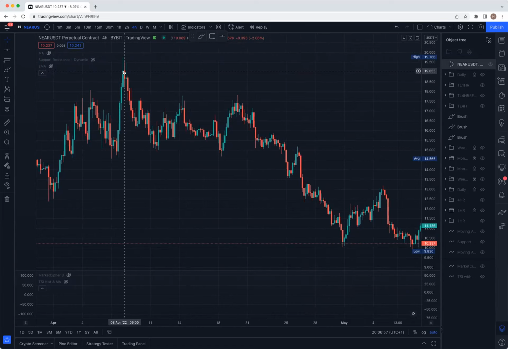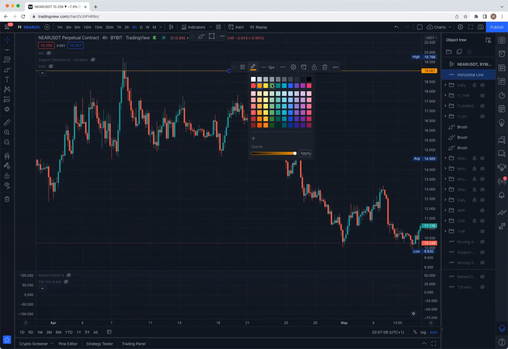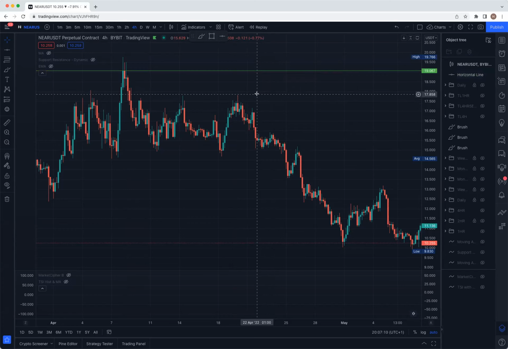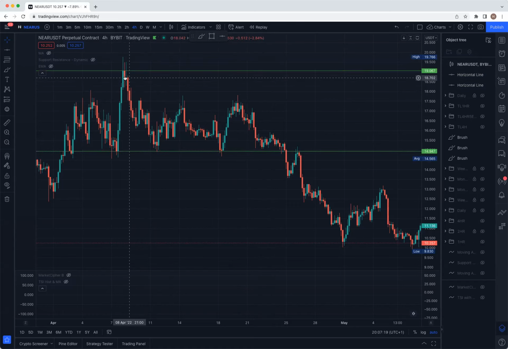So for example, where we look at where price is stuck here, and then we draw support and resistance, you see it is in orange. We want to go and change the color. We click on the line, we go into the panel, we select the green, and then we are out. Now, let's say at the bottom here, there's also a support here. The top was a resistance.